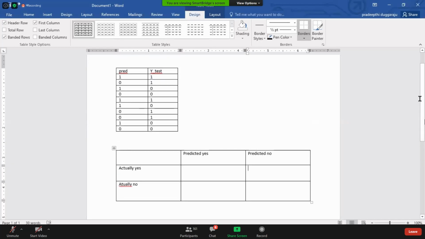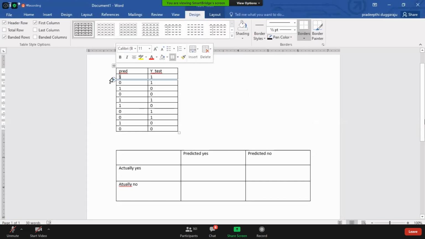Actually, the answer is 1. The predicted is 1. So here, where am I supposed to fill the cell? Actual value is 1 and predicted value is also 1. So 1 is yes, 0 is no. Actually it is yes, predicted also yes.